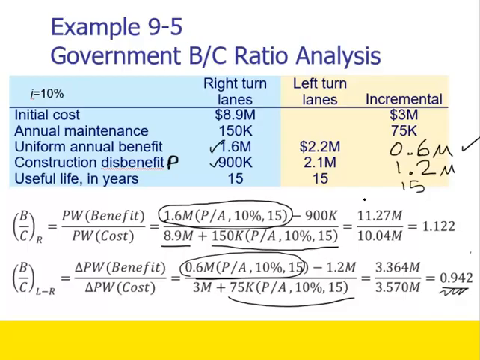The ratio is less than 1. So the extra amount of investment we make for the left turn lanes project, that is 3 million more on the initial cost and also 75K annually for 15 years for the maintenance, doesn't give us back at least the same level and amount of investment we have devoted to this case.